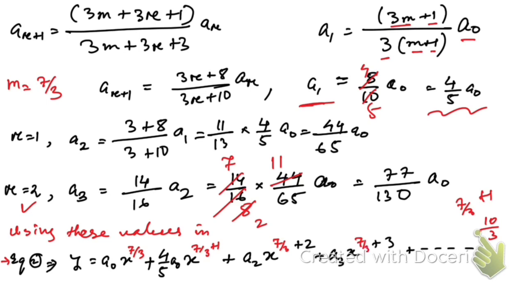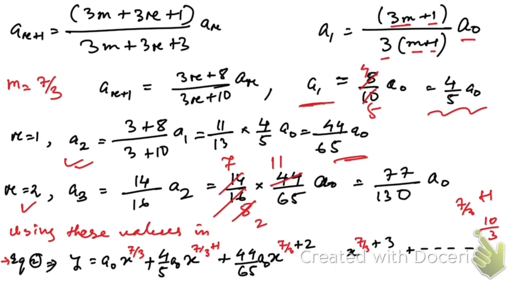And let us put the value of a2 here. So a2 is equal to 44 by 65 a0. So let us replace this by 44 divided by 65 a0, right? Just wait, there should be a0, okay.